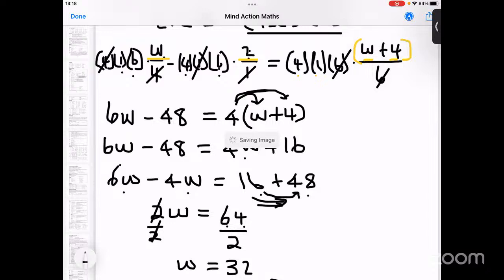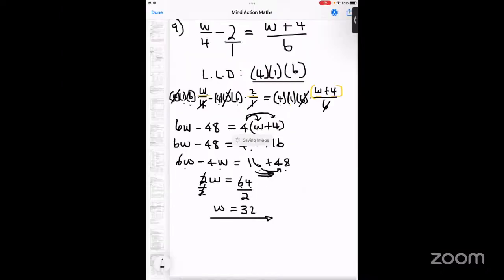Okay, let's just wait for that to save, and then from there, you can choose. Saving image. I'm not really sure why it takes that long, but it always takes that long.